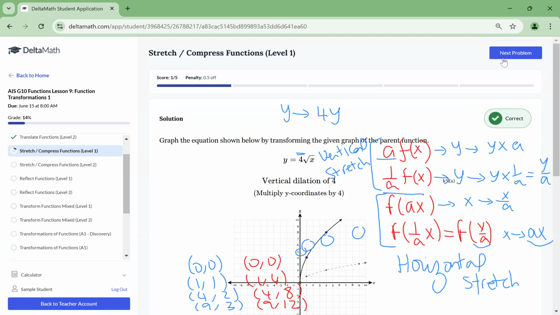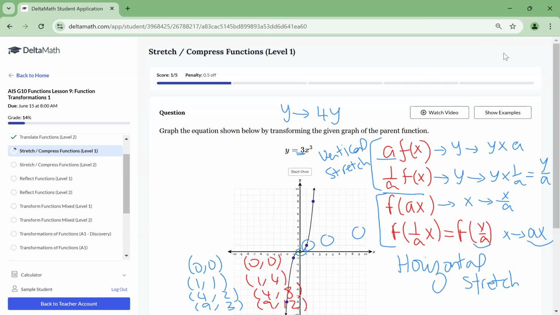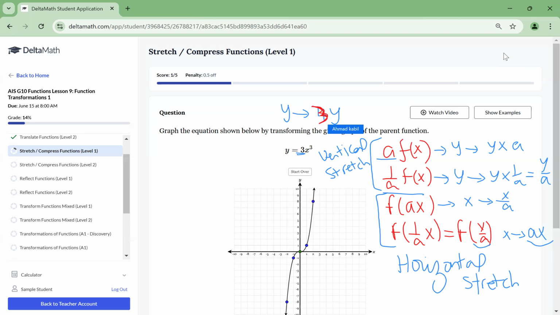Let's try another problem. So here we have 3x power 3. So again, this is affecting the y. But here it's 3 instead of 4. We're going to multiply the y values by 3. So for this point, we have 0, 0.